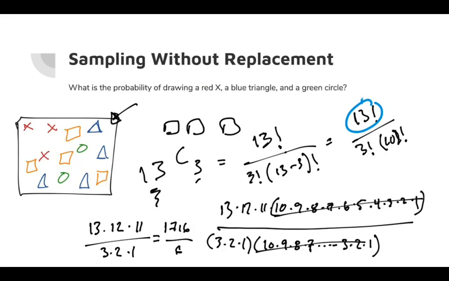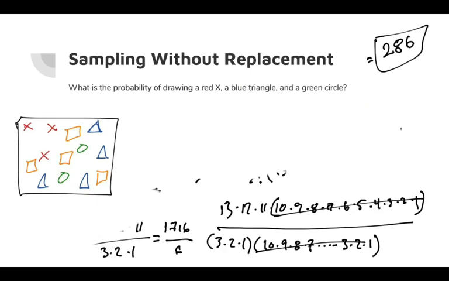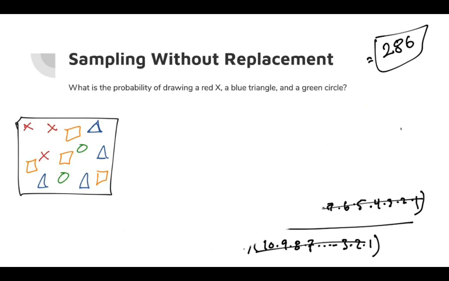Okay, so all of that just to find out that there are 286 total combinations of 3, and these are unique arrangements of 3 objects. If I'm drawing out 3 things randomly from this box, there are a total of 286 unique arrangements of 3 things that can be drawn.